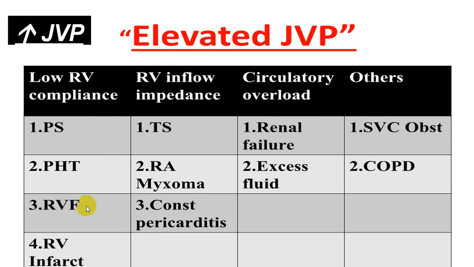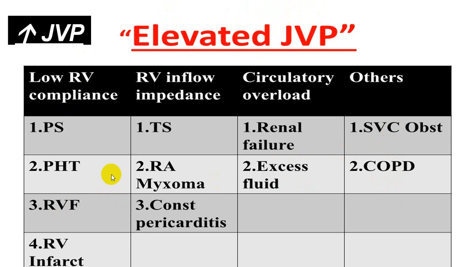Then you can mention pulmonary stenosis, pulmonary hypertension, RV infarct, tricuspid stenosis, tricuspid atresia, right atrial myxoma, constrictive pericarditis, excessive volume overload like renal failure, IV fluid overload, then a rare condition like superior vena cava obstruction, and then you can go for even cor pulmonale. So these are the conditions where you will have elevated central venous pressure and elevated jugular venous pressure.